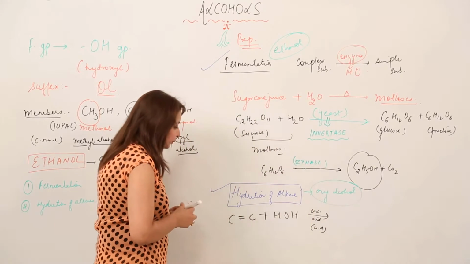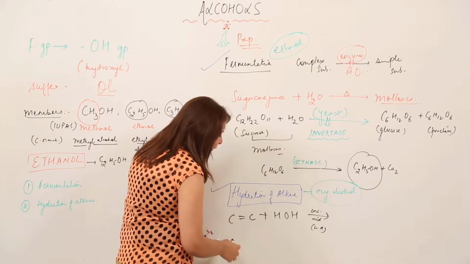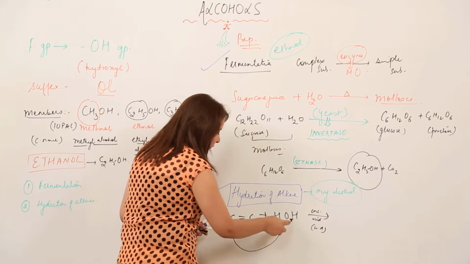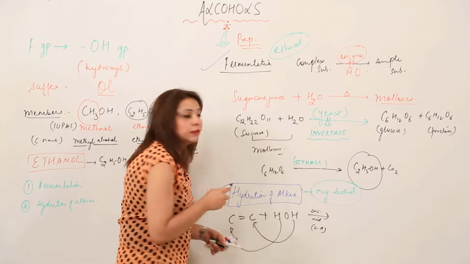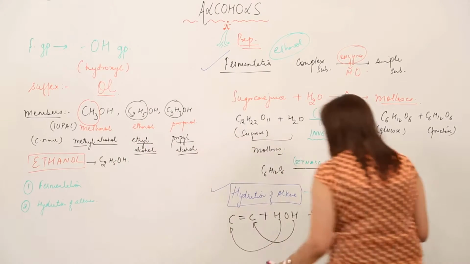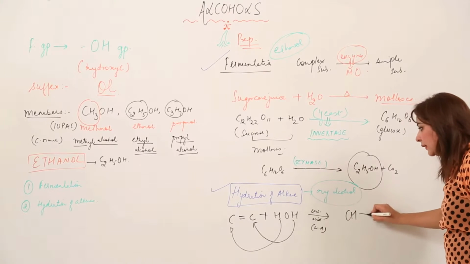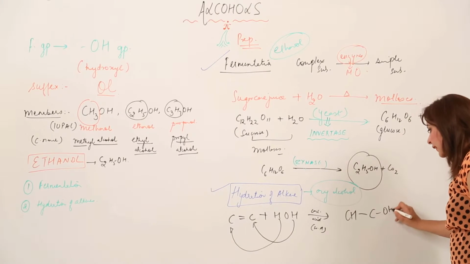So what happens when we add this? H gets attached to this carbon atom or either of them, and OH gets attached to the other. So what does it form? It forms CH, and the bond becomes single, and to the other carbon the OH gets attached.